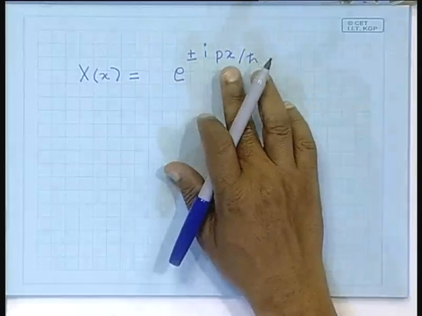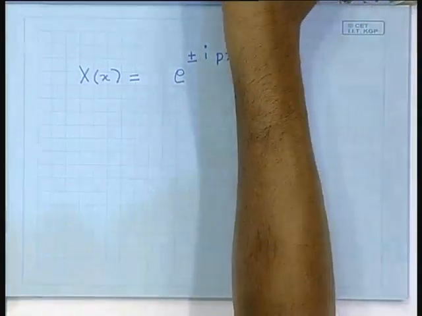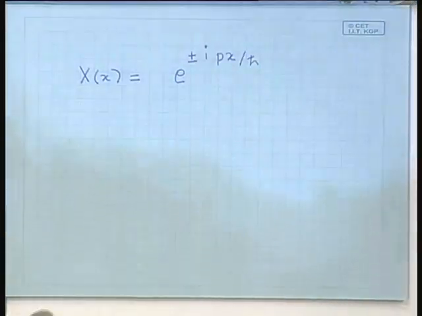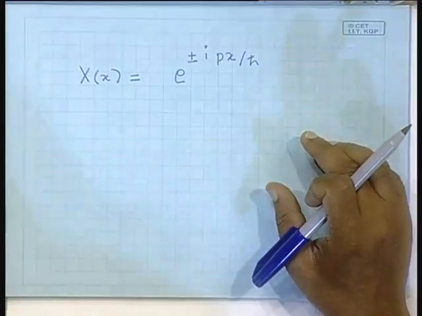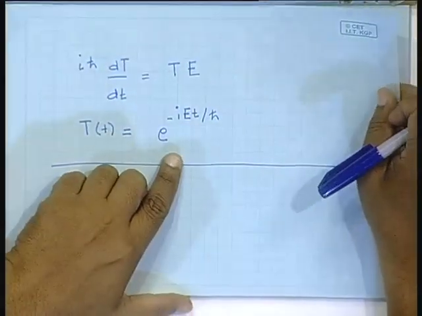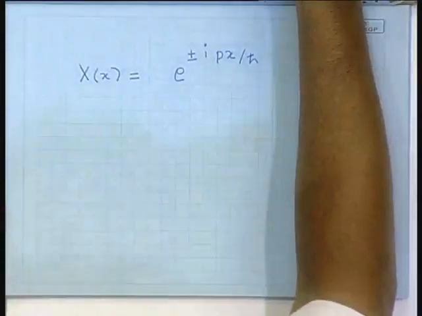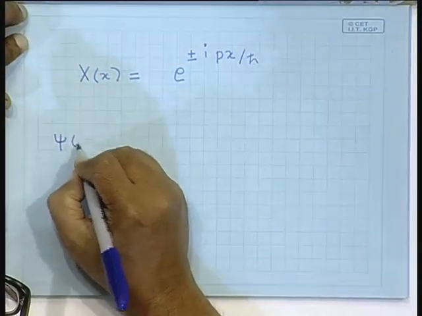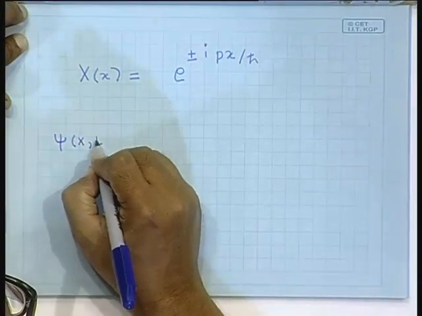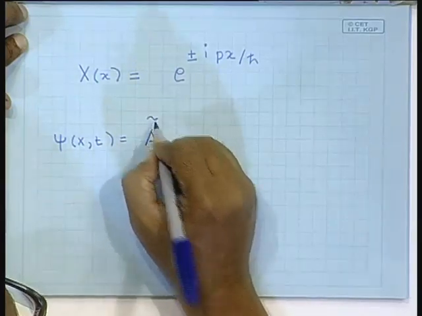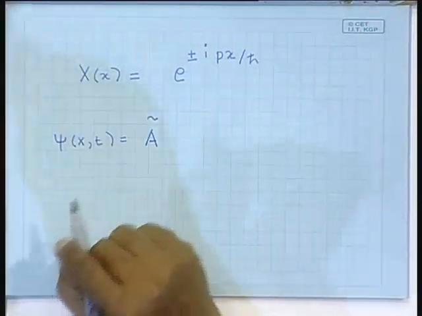So, combining this with the temporal solution over here, what we find is that the resultant psi of x, t can be written as some constant. I am now putting in the constant. Remember, both this and the temporal part had constants in front.